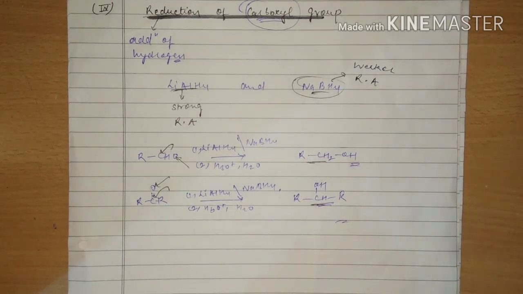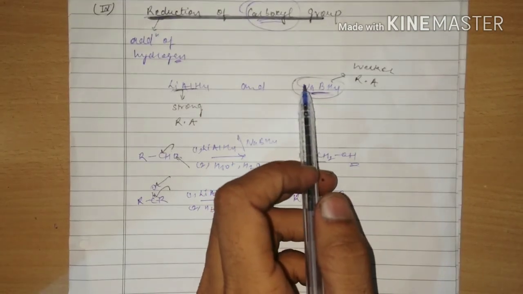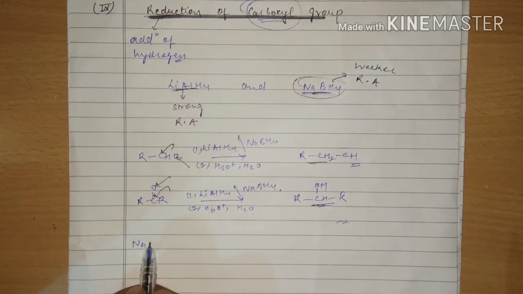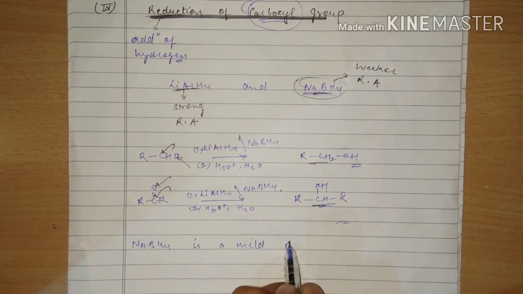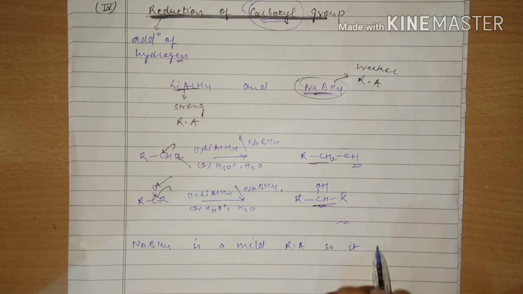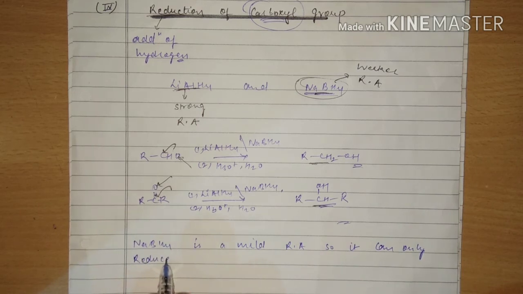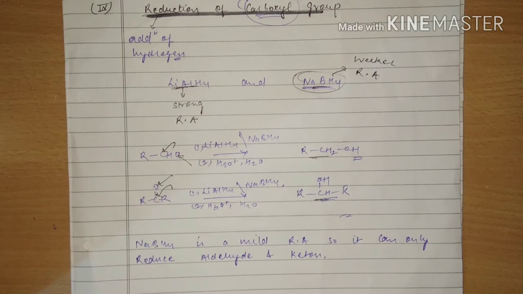As we know, NaBH4 is a mild reducing agent, so it can only reduce aldehydes and ketones to alcohol, but LiAlH4 can reduce all of the compounds.